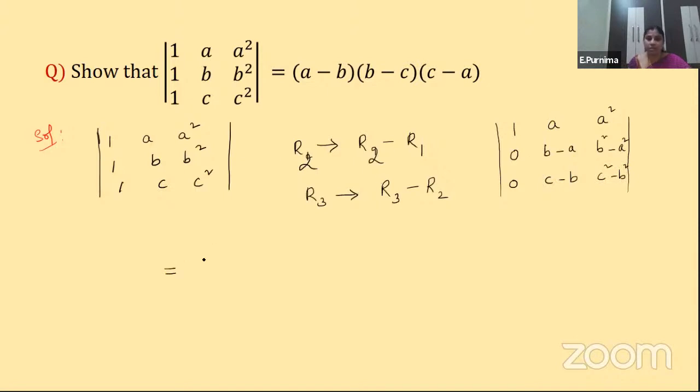Which is equal to 1, a square; 0, b minus a, in the bracket; b square minus a square can be written as (b plus a) into (b minus a). Is it clear? Yes. Next, the third row: 0, c minus b, (c plus b) into (c minus b).